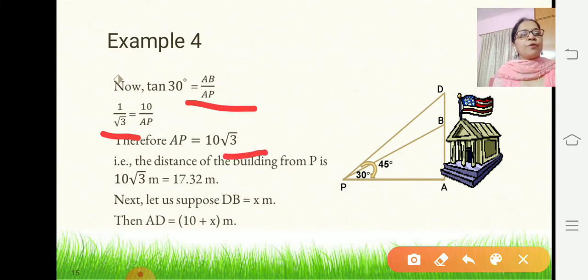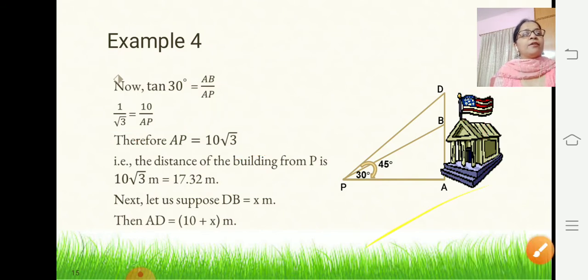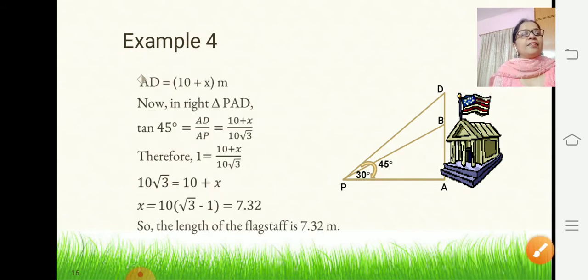Now let us suppose this DB as x. So what will be the length of AD? It will be 10 plus x, because the height of the building is given is 10 meter. So your AD is equal to 10 plus x meter.